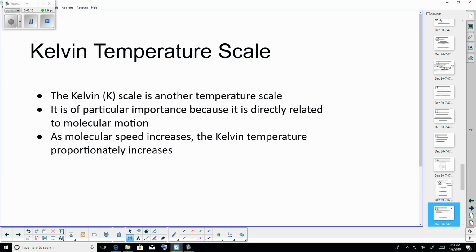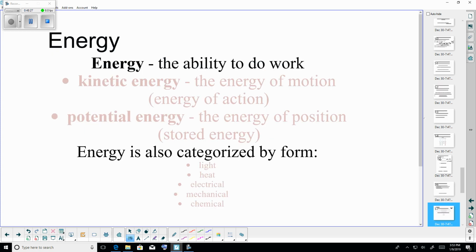So, like I said, Kelvin is related to molecular speed. As the Kelvin temperature increases, molecular speed increases. And that has a big effect on what's called kinetics, rates of reactions. Energy. It's the ability to do work.